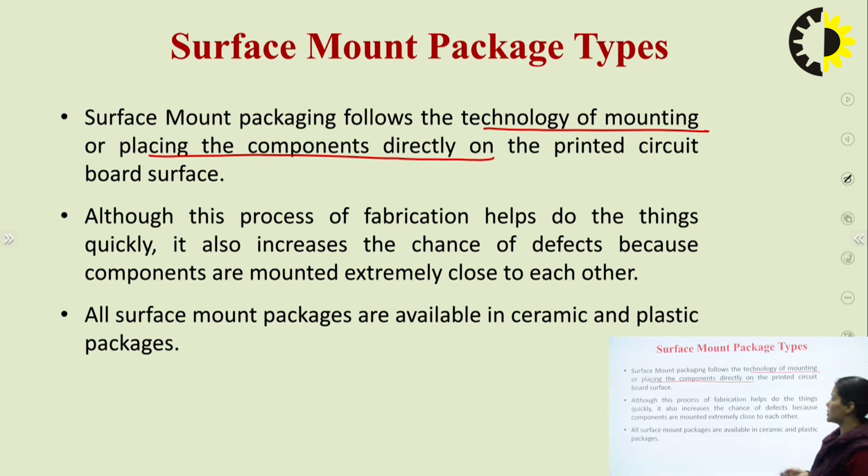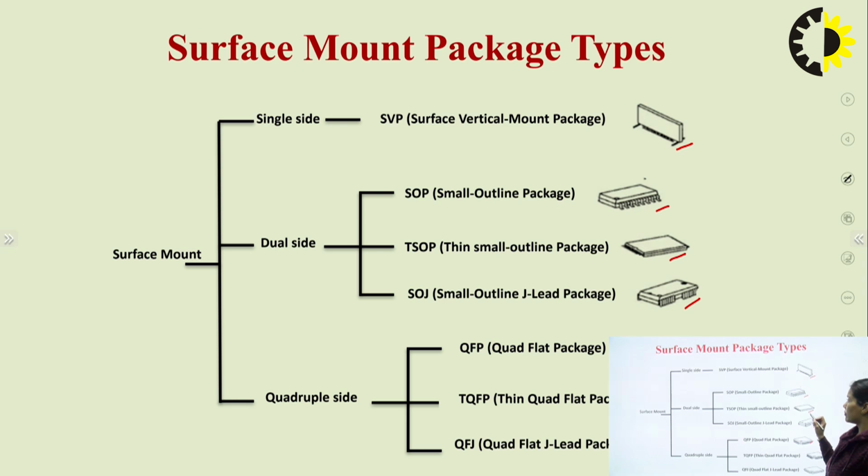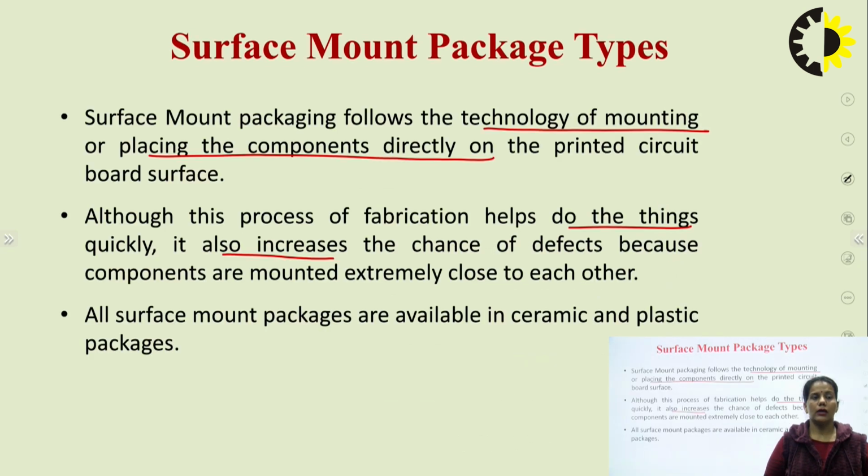Although this process of fabrication helps do things quickly, it also increases the chance of defects. Why are there chances of defects in this type of packaging? Because the spaces between the pins are very small, and also the pins are very small and thin.